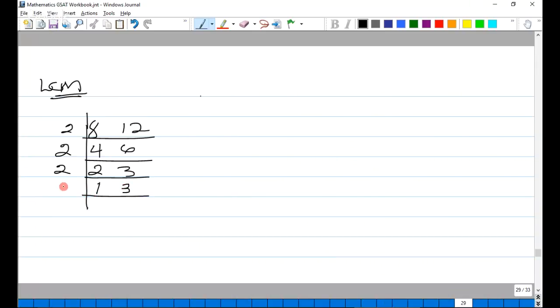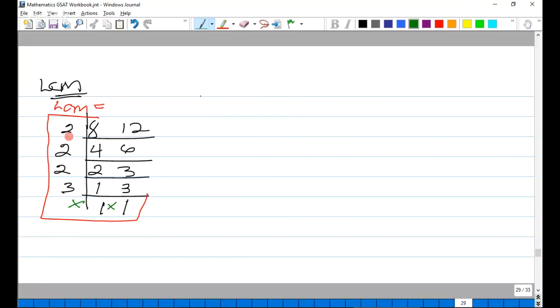Okay. Now we move to the next prime, which is 3. We write back 1, and 3 into 3 is 1 one time. I like to say it like this. You're going to draw the L, and then you're going to write LCM, and you multiply everything inside of the L. So what would that be? 1 times 1 is 1. 1 times 3, 3. 3 twos would give you 6. 6 twos would give you 12.